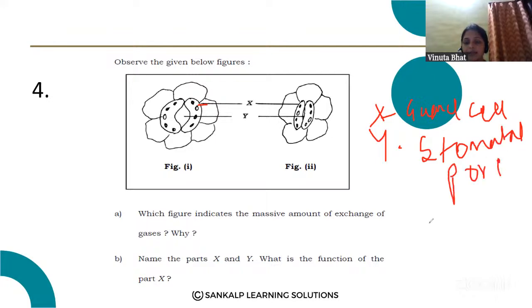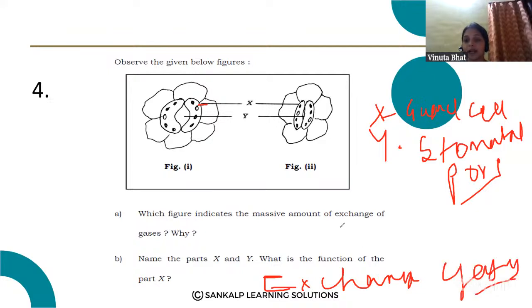Then again they ask, write the function of X. X means guard cell. What is the function of the guard cell? Guard cells help for the exchange of the gases by opening and closing.